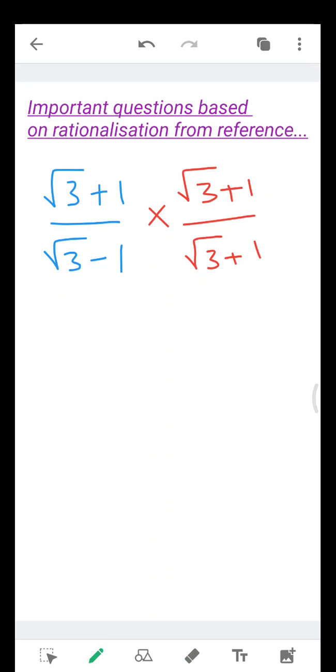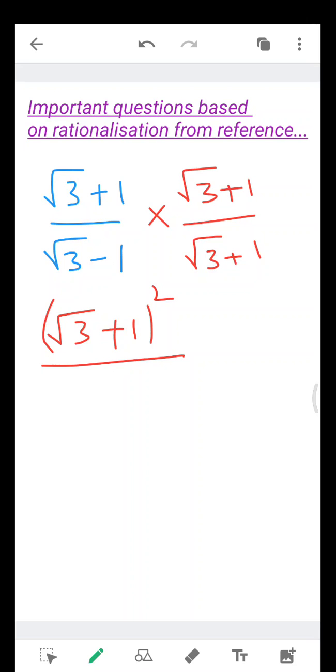Now we will multiply the numerators. You can see in the numerators both have positive sign. So I can write root 3 plus 1 into root 3 plus 1 as root 3 plus 1 whole square, and in the denominator I'll apply a square minus b square.